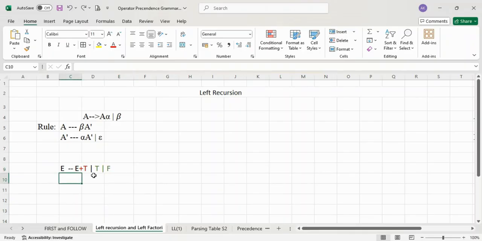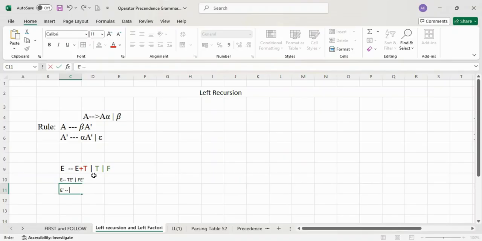Now if I apply the rule, my rule will be E giving beta A dash. So my betas are T, I will write E dash, T E dash over here. My F is also a part of my beta, so I write F E dash. So the beta part is done. Now I write for E dash.